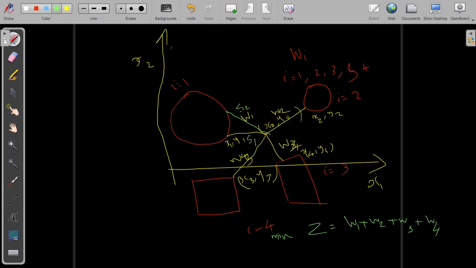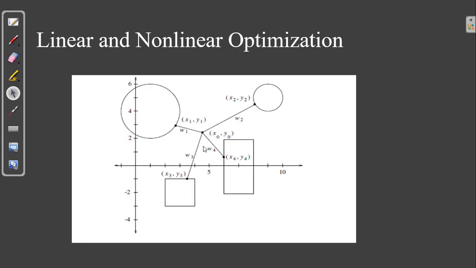Another service line like this, and another like this. In this manner infinite number of service lines can be drawn, but our objective is to minimize the length of the service line subjected to the constraints.